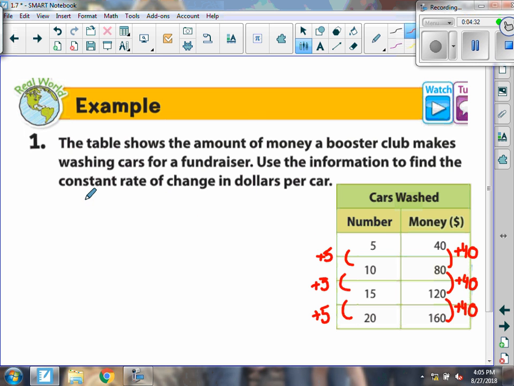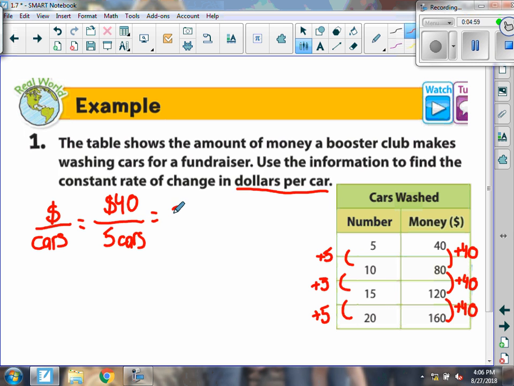Okay, so we're going to find our constant rate of change in dollars per car. So I'm going to put dollars over the cars. So what's my change in dollars? So I look at this here, that's 40. So I have $40 over how many cars? My rate of change for cars is 5, so 5 cars. Now we need to simplify this.